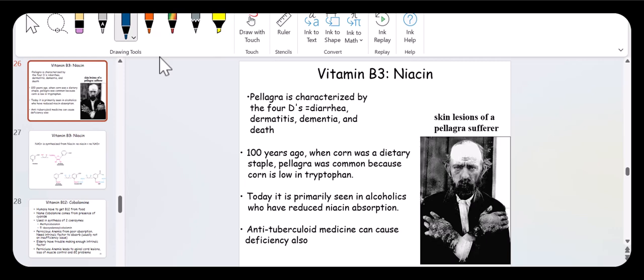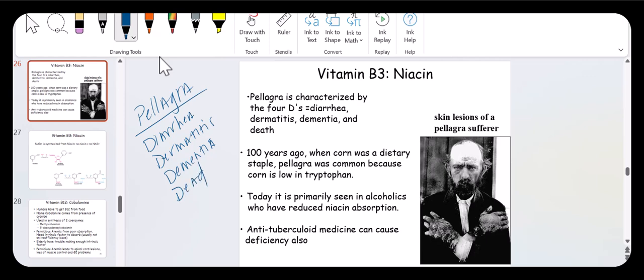The condition you get if you don't have enough niacin is pellagra. Pellagra is characterized by the 4 Ds. So our 4 Ds are diarrhea, dermatitis. So you get diarrhea, you get dermatitis, you get dementia, and you get dead. Okay, cute way of remembering it.